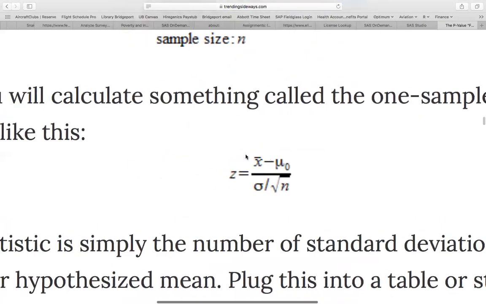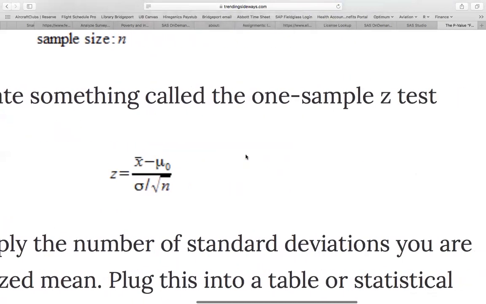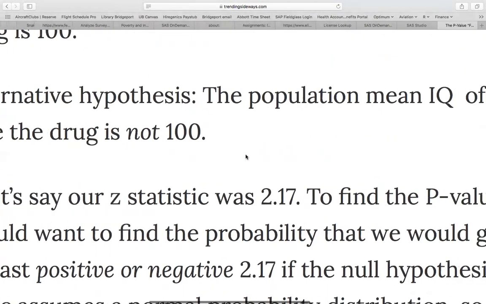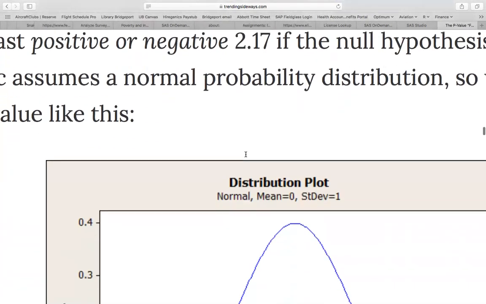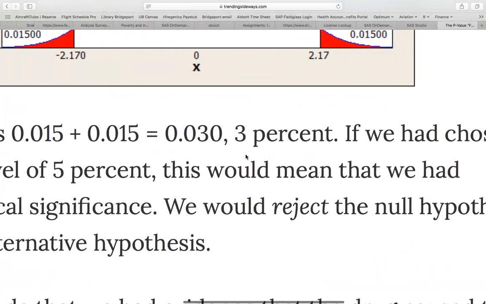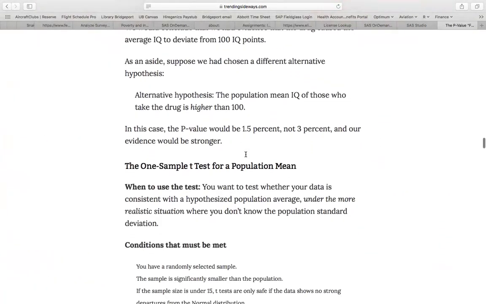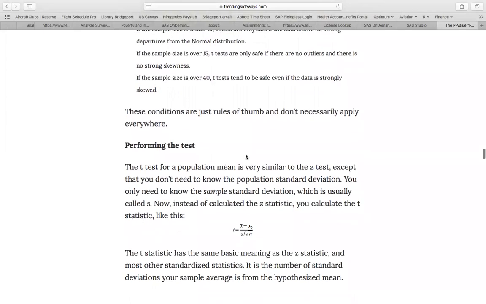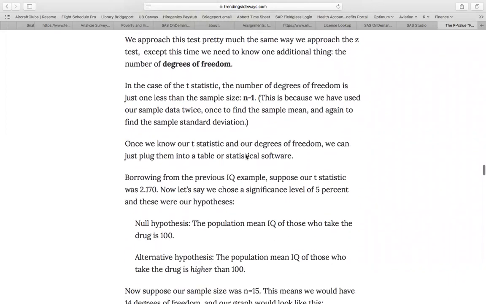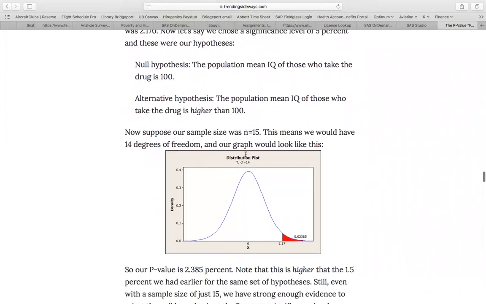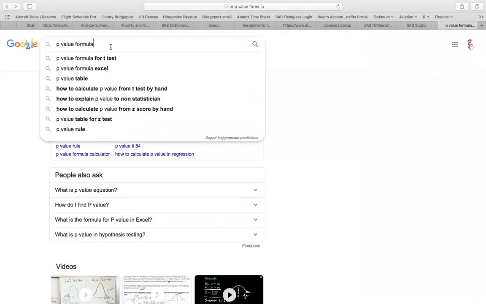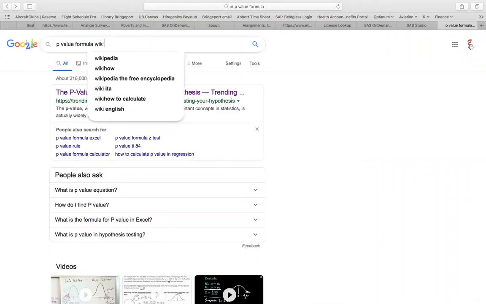When you calculate something called a one sample z-test, the statistic looks like this.